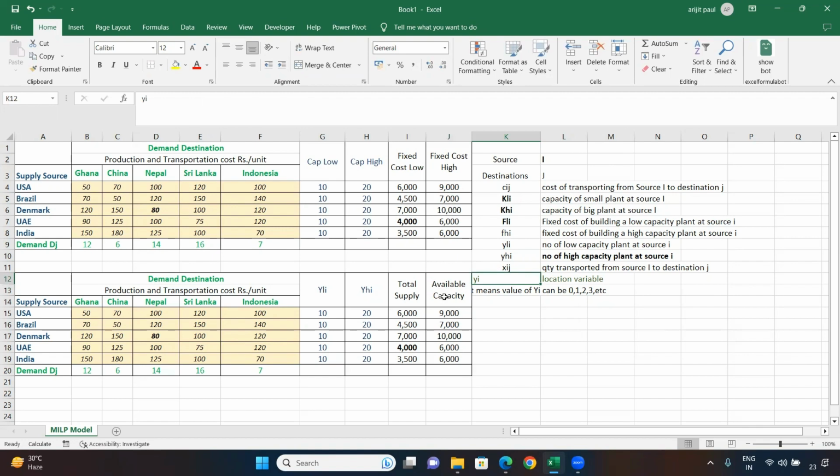Okay, now before solving this issue by using the Excel solver, let's build the mathematical model. So here, what is our objective?